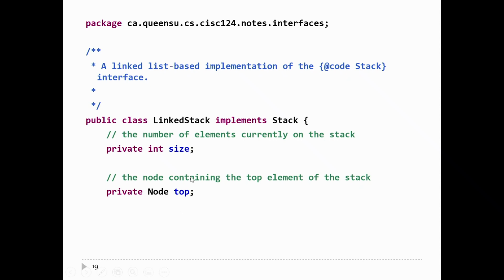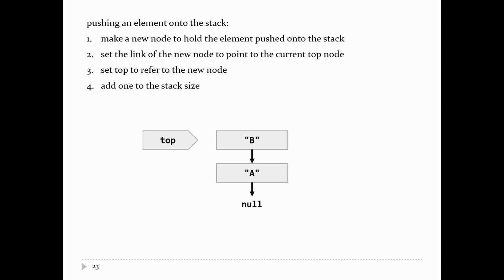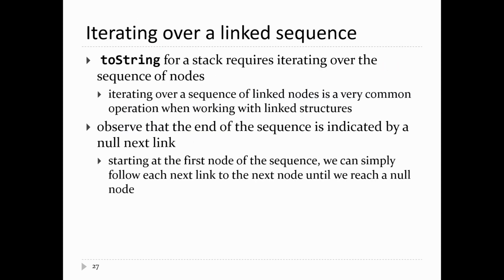To get to the other nodes, I have to follow the next link in this top element to get to the second one. To get to the third element, I have to follow that node's next link. To get the fourth element, I have to follow the third element's next node, and so on and so forth. It turns out that when you have these linked sequences of some kind, a common operation is that you end up iterating over the sequence.